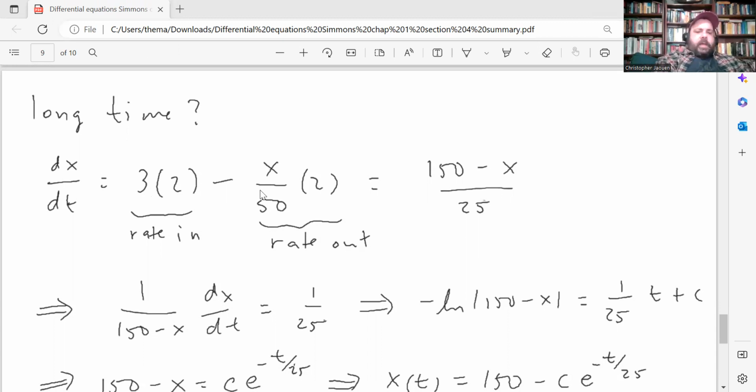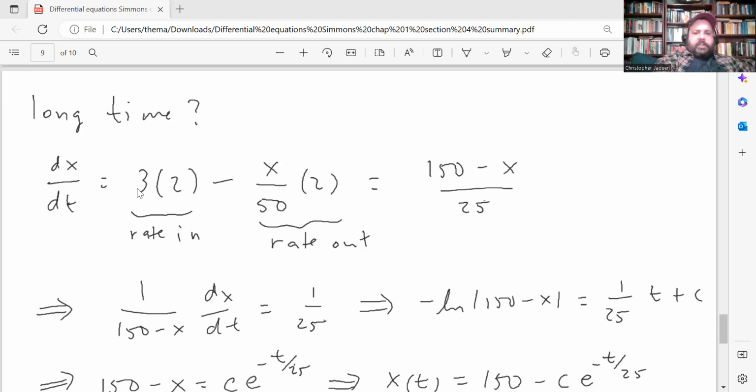And then you have the amount of salt in the tank at time t, which is X(t), divided by the 50 gallons that are in the tank, times 2 because it's flowing out at the same rate. So this is the amount of salt that's flowing out at time t. Right, so it'll be X over 25. Just simplify this thing here, and that gives you the rate that the level of salt is changing in time.